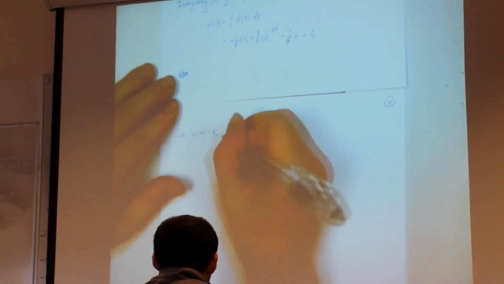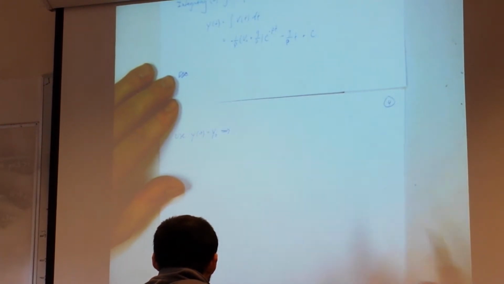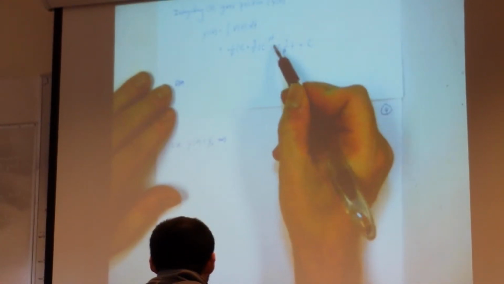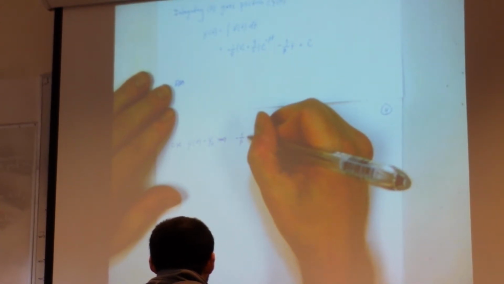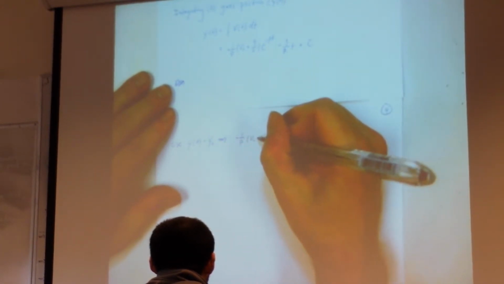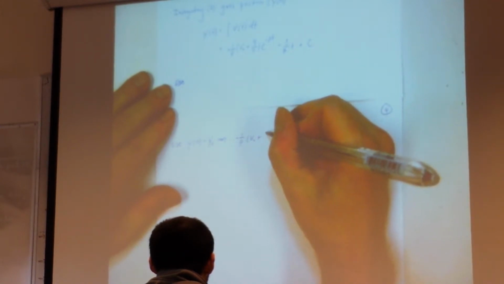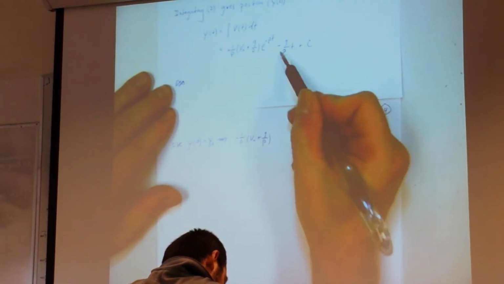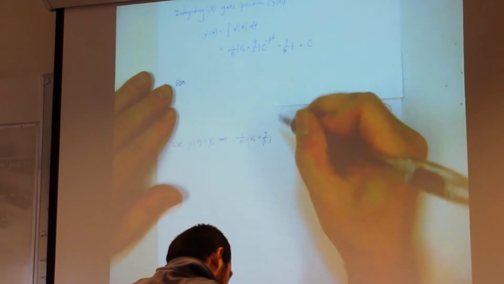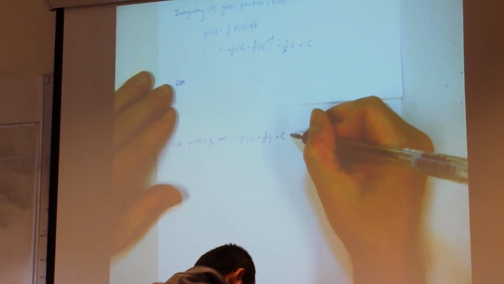Then we get, put in 0 for t. And what do we get when we put 0 in there for t? That gives me 1. I'm going to get negative 1 over rho, v naught plus g over rho. Put in 0 there, that just knocks out that whole term, plus c. That's equal to y naught.